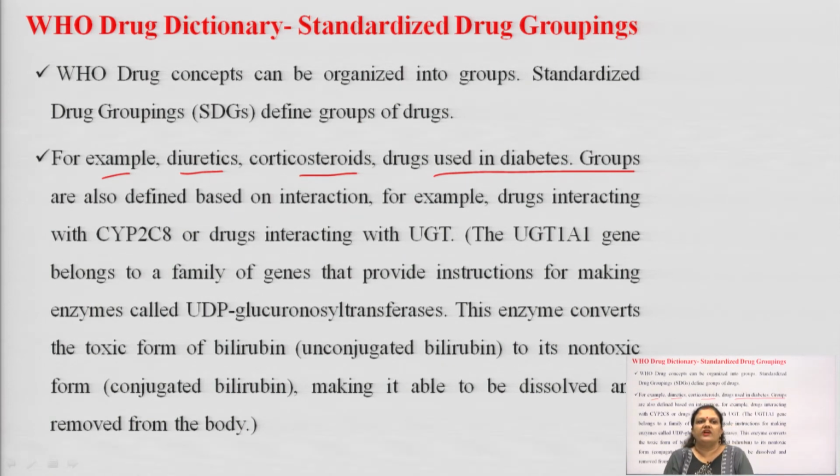For example, drugs interacting with the CYP2C8, meaning cytochrome P2C8. These are cytochrome enzymes, or drugs interacting with the UGT.